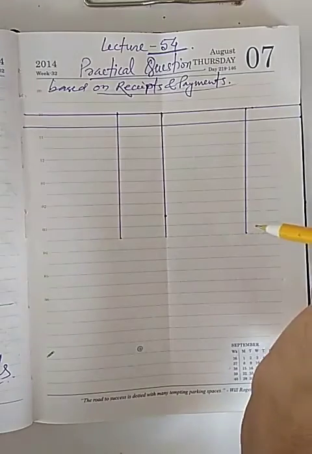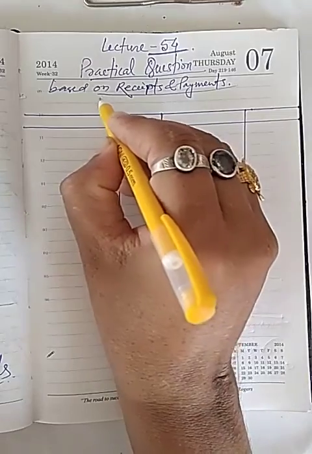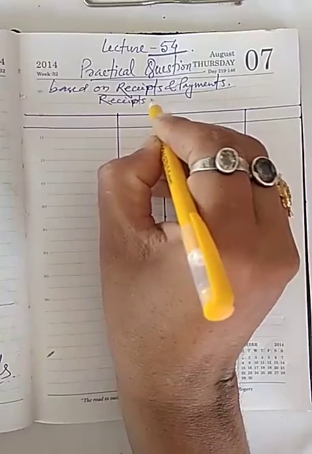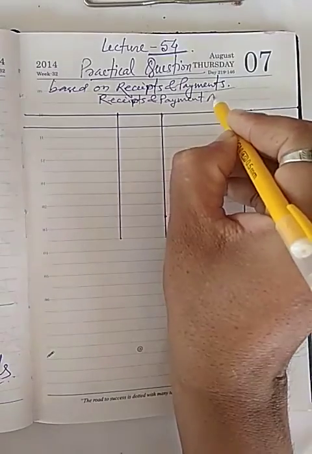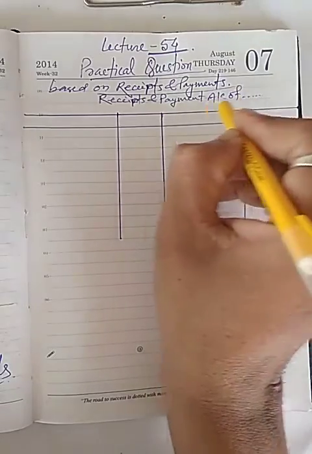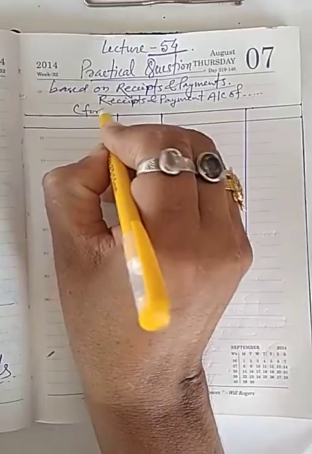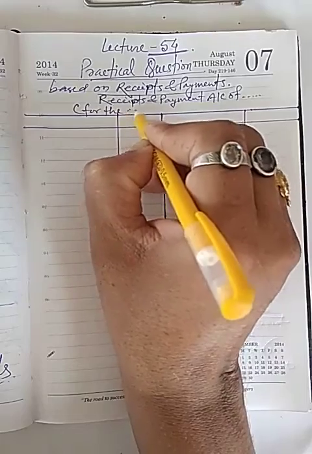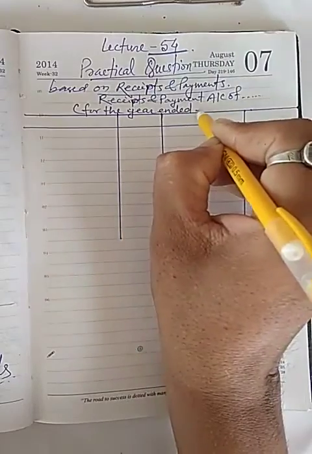This is format of receipt and payment account. I will write receipt and payment account of, it will be name related to club and hospital for the year ended, now date.